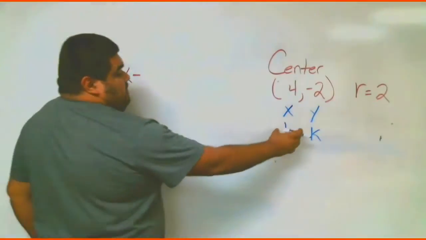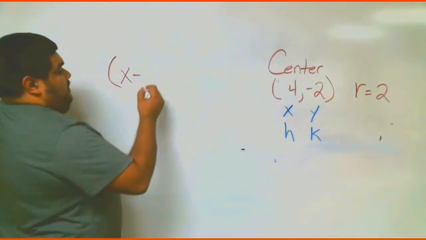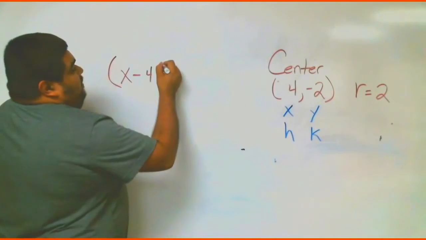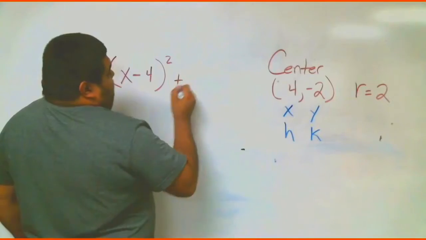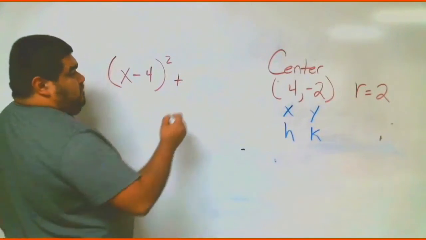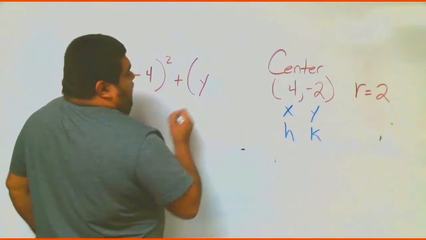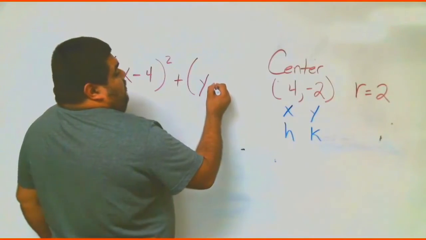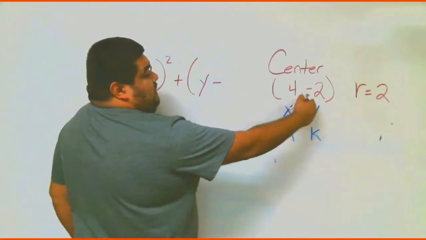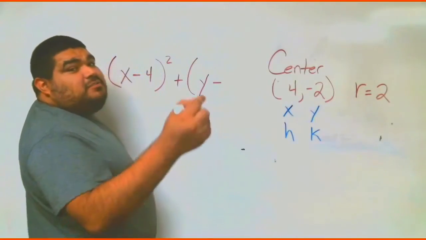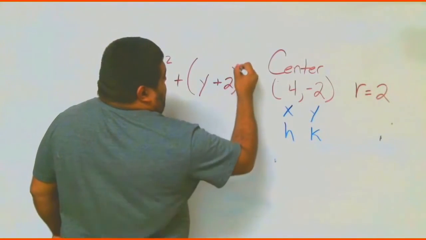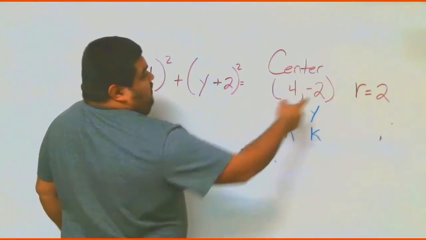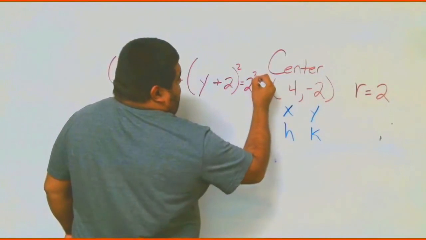So in this case, the h is 4. Close the parentheses, square, plus y minus, but notice that the 2 also has a minus, so it becomes positive. So plus 2 squared equals the radius, which is 2 squared.